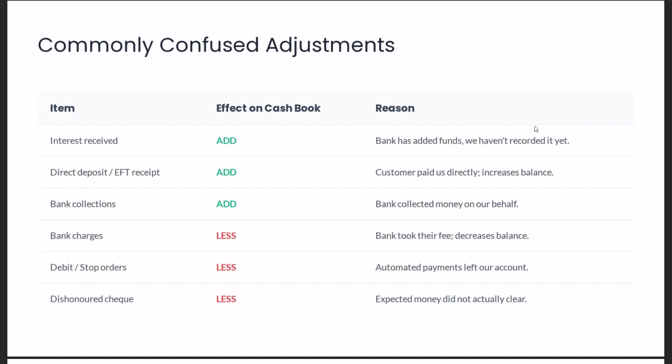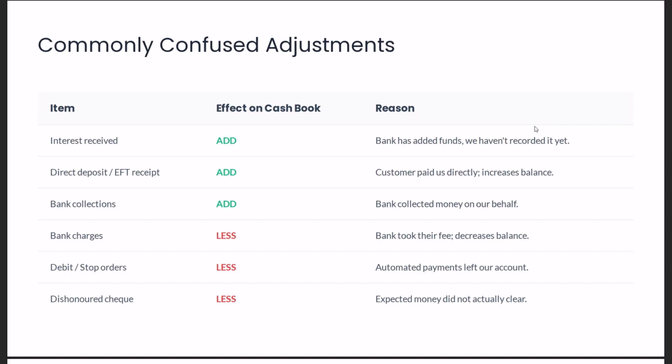And this is also a summary that you can keep for yourself, just to remind yourself of the main transactions that are most likely to make the bank balance differ from what is on the business record. Interest received, which you need to add. Direct deposit, which you need to add as well.